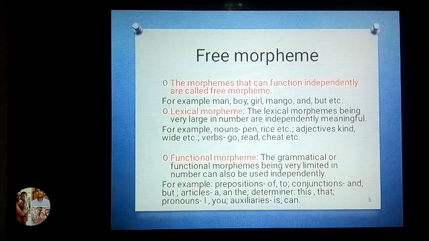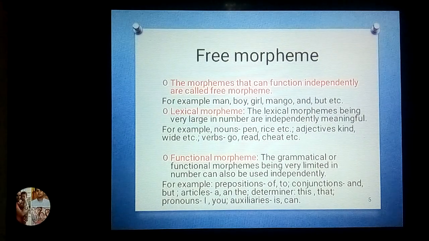Such as, he goes to college. Here, preposition to is establishing the relationship between the words go and college. So, prepositions are used to perform some grammatical function in a language.